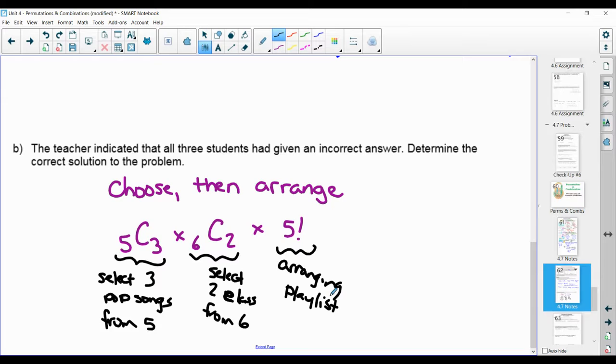And you might hit shuffle, but that's still arranging. The shuffle is still arranging your playlist. So this is us selecting our pop songs, selecting our classical songs. Now that we have that group, now we take and arrange them into a playlist. And so our answer here would be 18,000 different programs. So there's 18,000 different playlists that we could have.